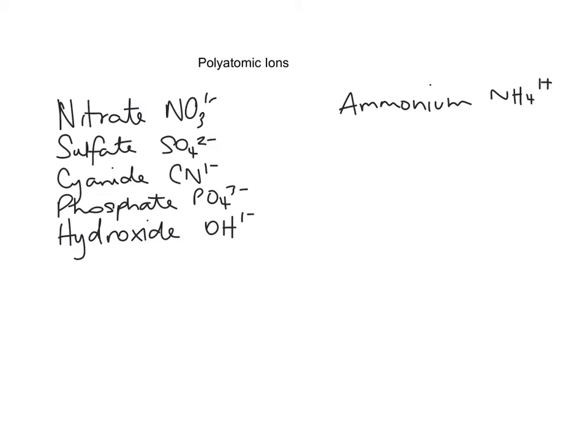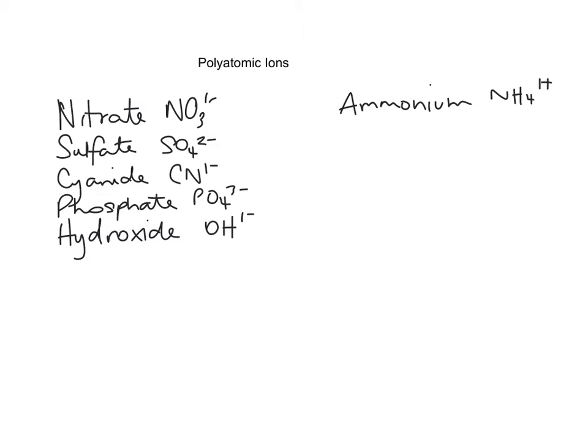Polyatomic ions. So up to this point we've dealt with monoatomic ions like copper 1+, sodium 1+, magnesium 2+. So it only involves one element. Here we're dealing with polyatomic, poly meaning more than one.